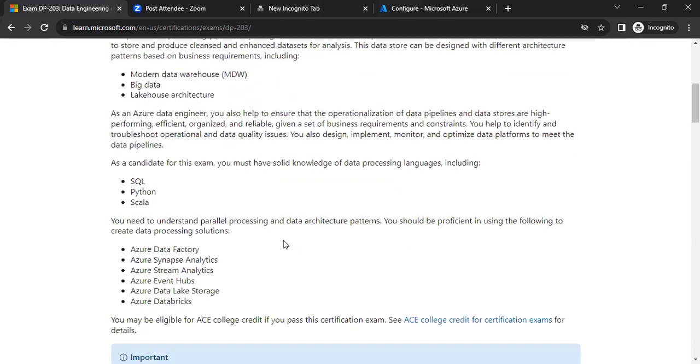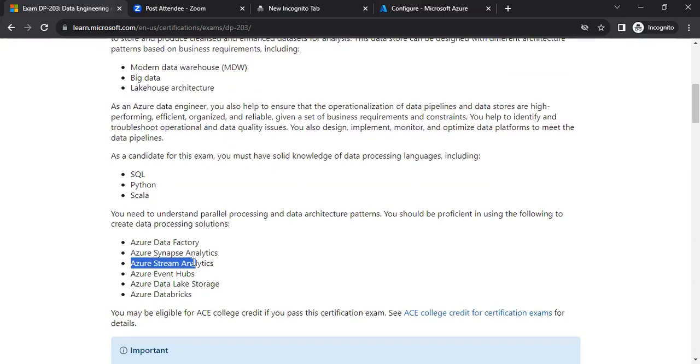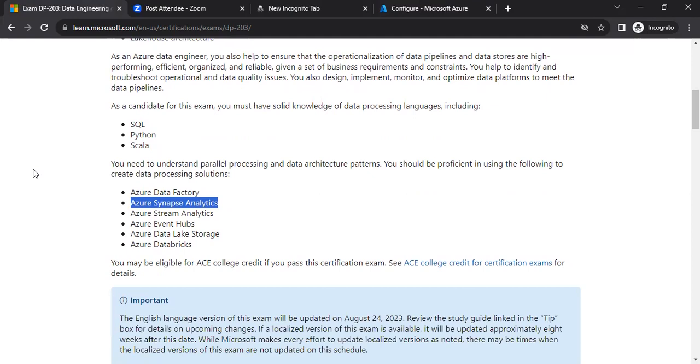That will be part of Synapse Analytics. They renamed the OLAP data warehouse to Synapse. So analysis service will be different. Yeah, that is Synapse Analytics.